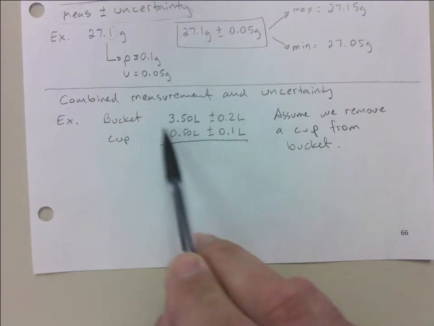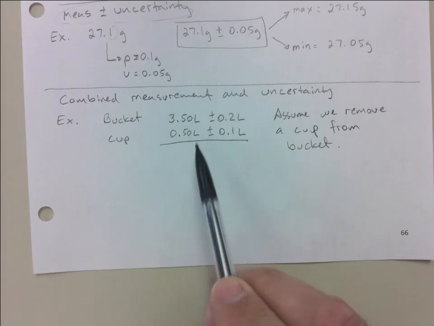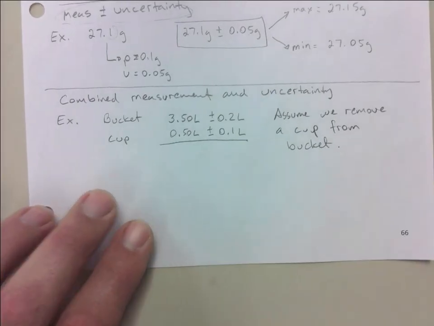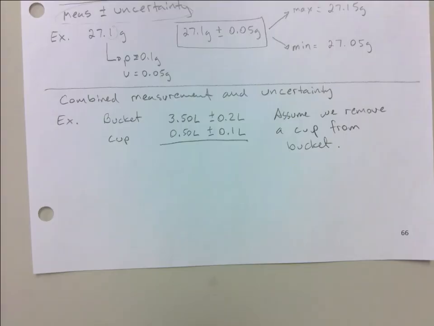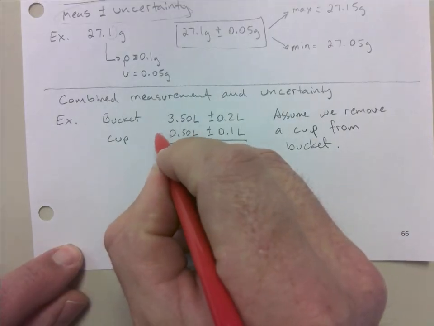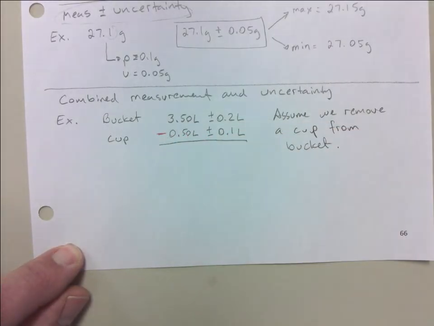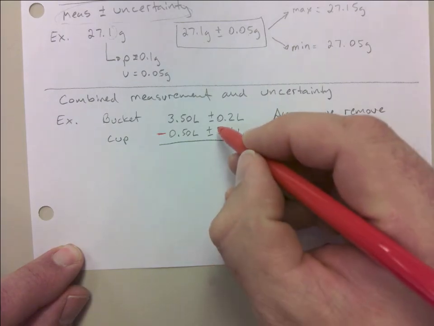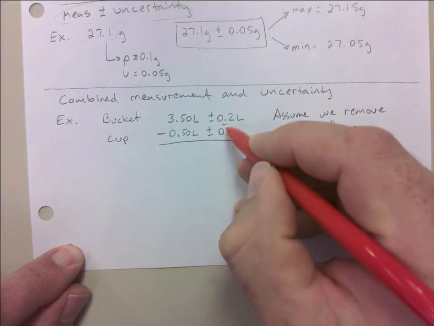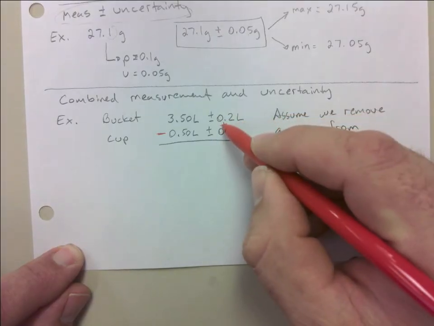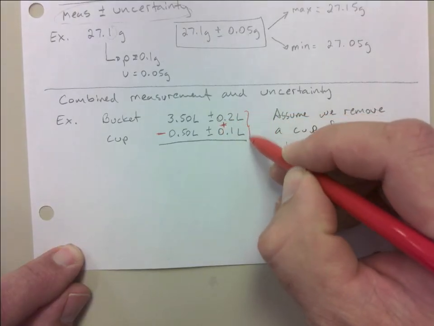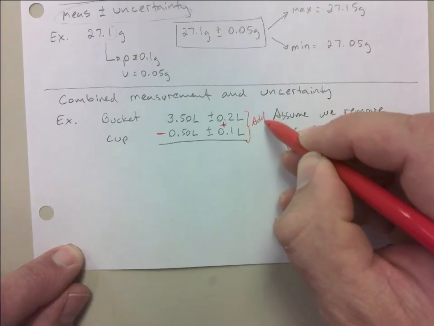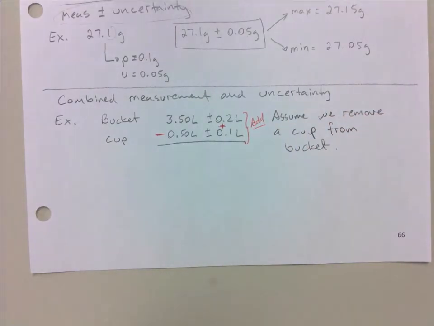There's that big bucket, and we have cups that we're removing. I'm going to use a color here, maybe to bring this to life. Because we're removing, we're subtracting the actual measurements, but we always add the uncertainties. We add no matter what.